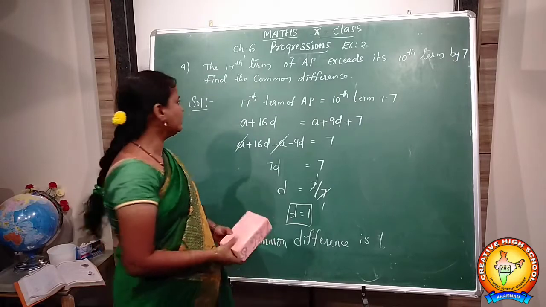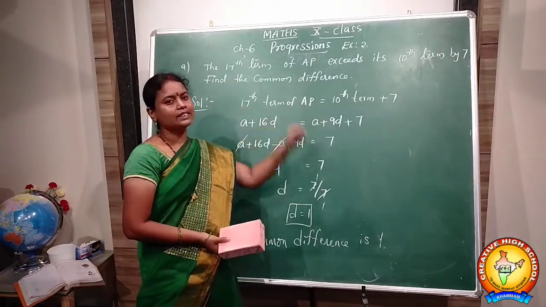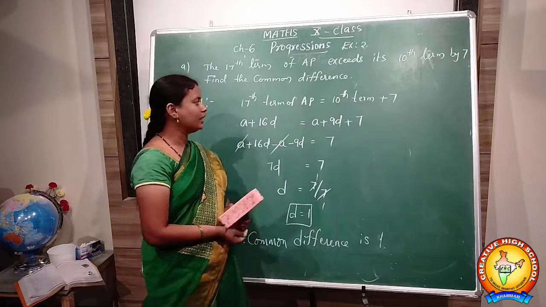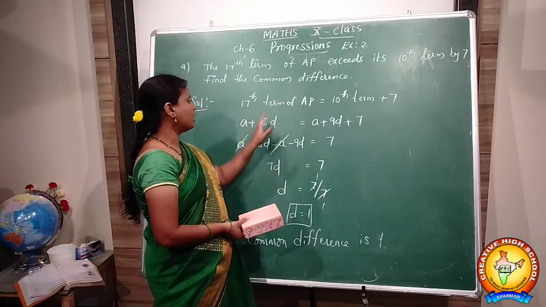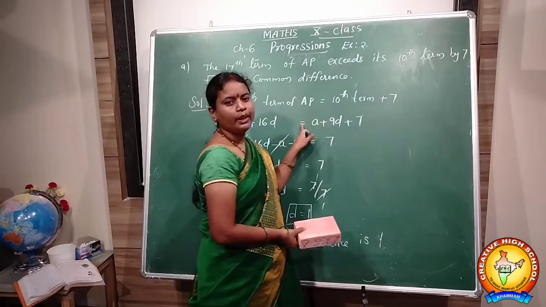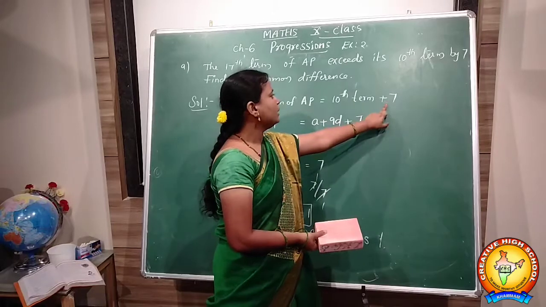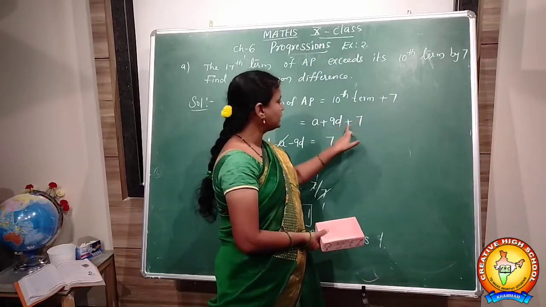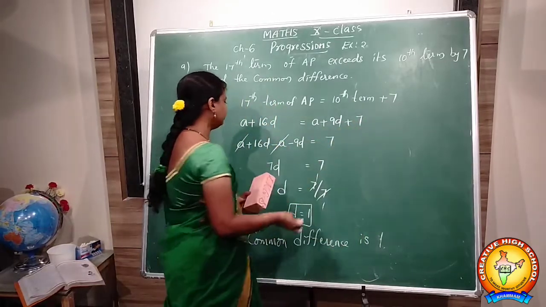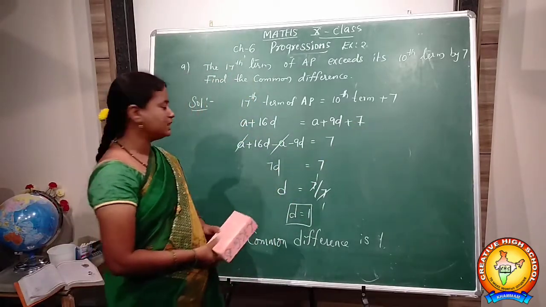Do you understand this one? So here the 17th term of the AP exceeds its 10th term by 7. So the 17th term formula is A plus 16D, which is equal to the 10th term formula A plus 9D, and it exceeds by 7. So that's why I am writing plus 7. So now write all the variables on one side and the constants on one side.